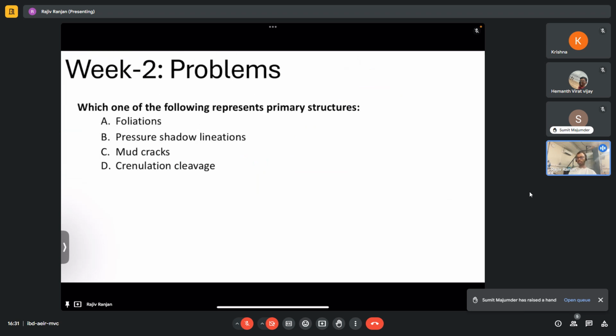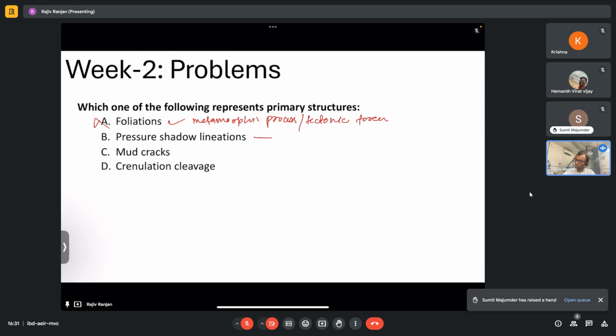Okay, which of the following represents primary structures? Very simple questions. Foliation is formed by metamorphic processes or tectonic forces. So this is not correct.